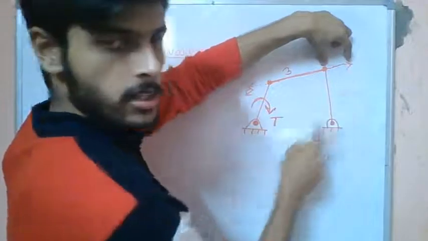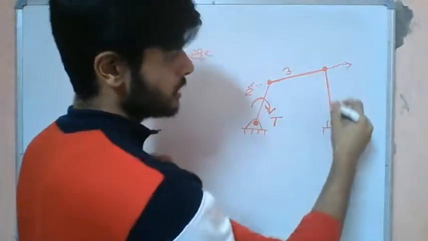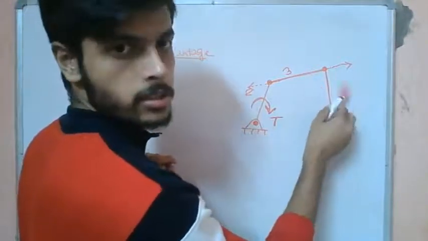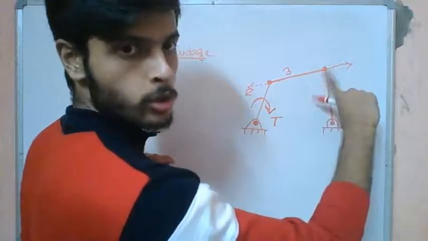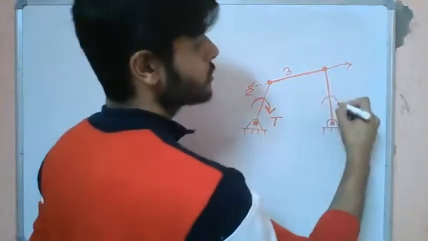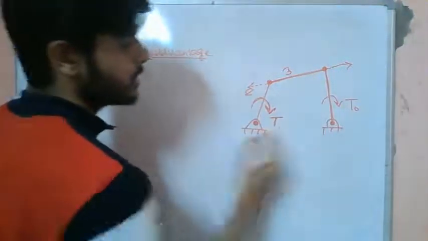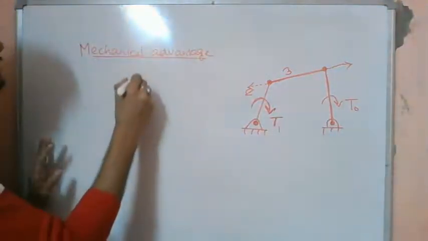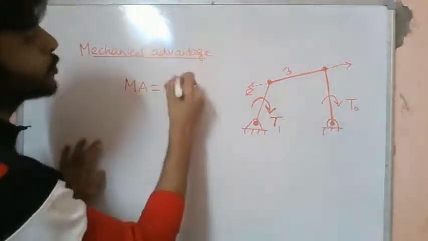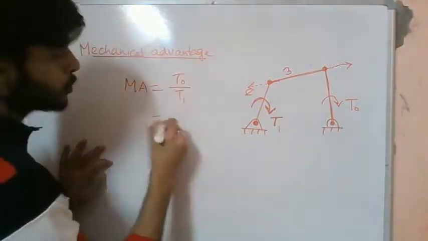So this force will be creating a torque or moment on this link about this point. Let's say this is the output torque, and this is the input torque. The mechanical advantage of a 4-bar mechanism is defined as the ratio of the output torque to the input torque.